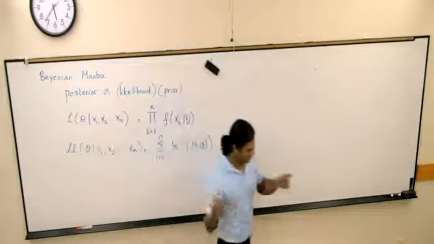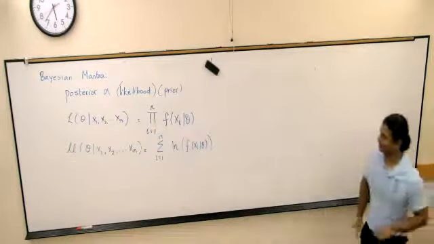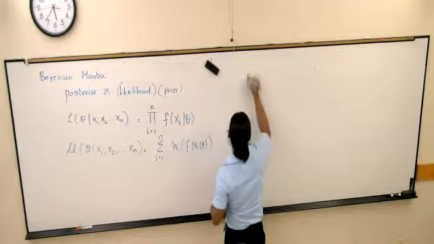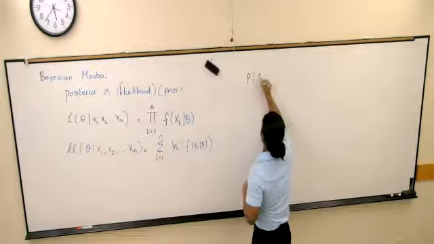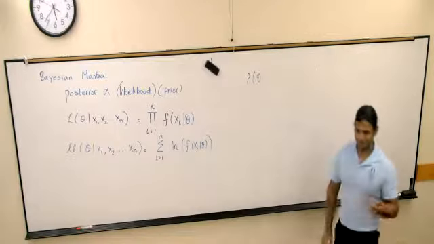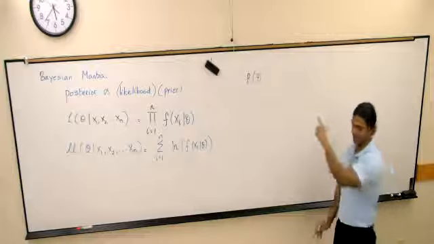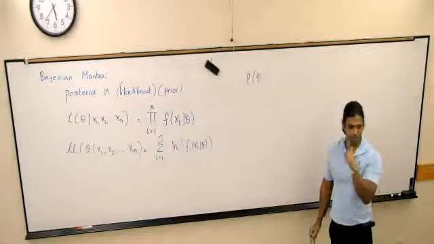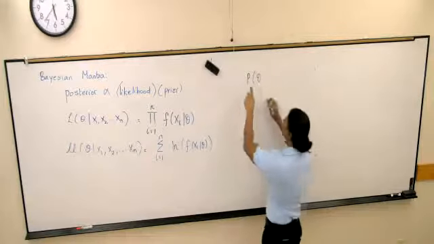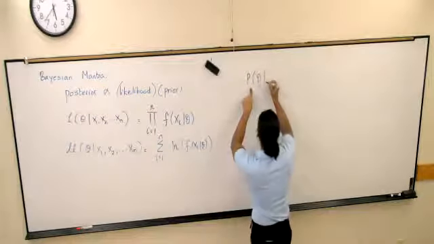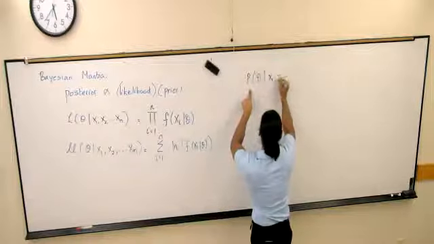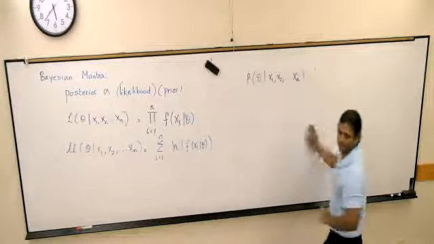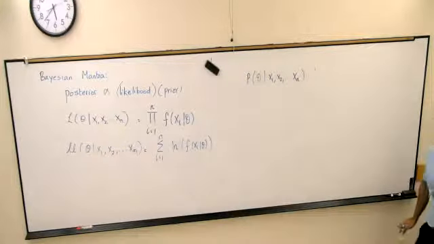Good? Now, the posterior is for the parameter theta. Yes, because if you go back to the simulation, we computed the posterior for beta naught and beta 1. So the posterior is theta given x1, x2, all the way up to xn. Yes?